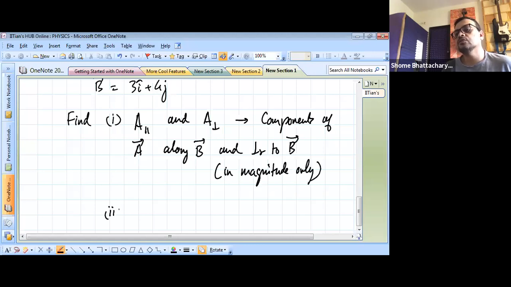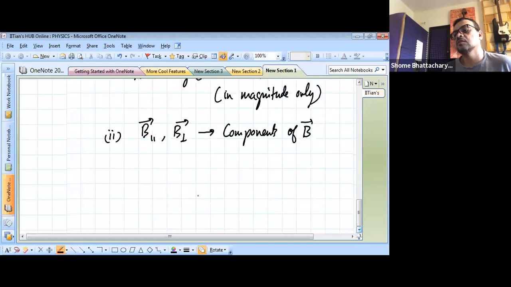And second, we also have to find B parallel as a vector and B perpendicular as a vector. These are the components of the vector B along the vector A and perpendicular to the vector A, in vector form.